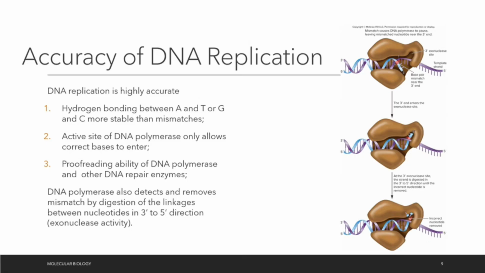So in the picture here, you can see at the beginning we have a wrong base added. Opposite this G, we're supposed to have a C, but an A is added in by mistake. So what DNA polymerase is able to do is cut away this wrongly added A and wait for the next nucleotide which contains C to come in, and then continue with the DNA replication.